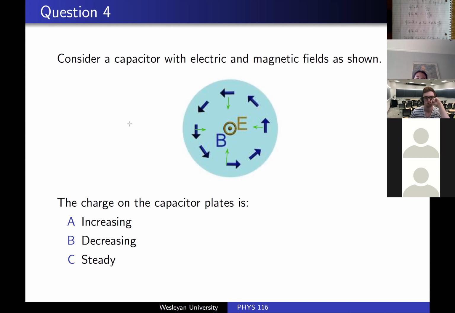So we see that there's more energy coming into the space between the plates, and so there's more energy being stored in the electric field between the plates. That must mean that the capacitor is being charged, and so the charge on the capacitor plates is increasing. A slightly more rigorous way to do it is from Maxwell's laws, but the Poynting vector gives us a quick way to see which way the energy is flowing.